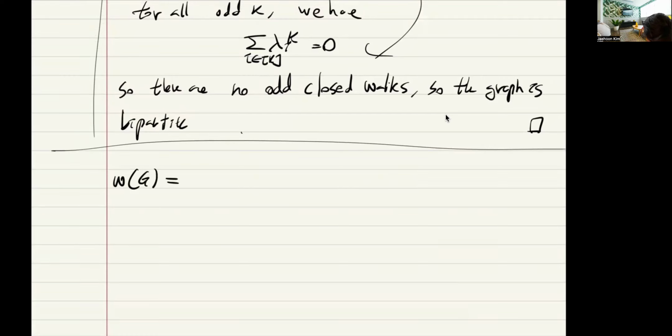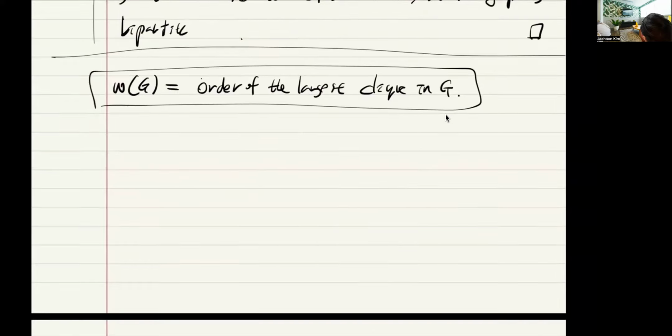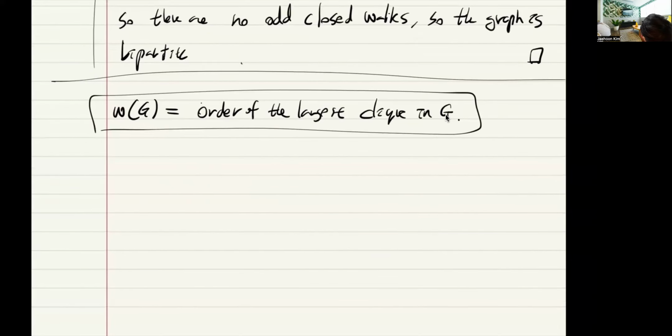So omega of G is the size of the largest clique in G. And this is also related to the spectrum.